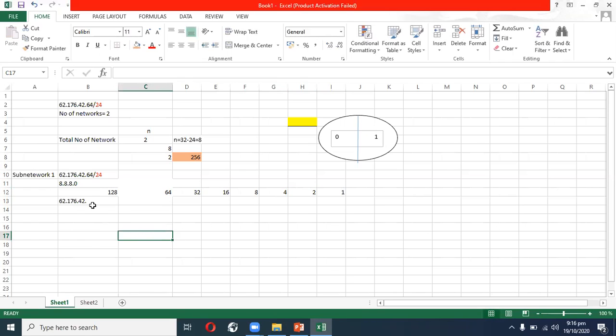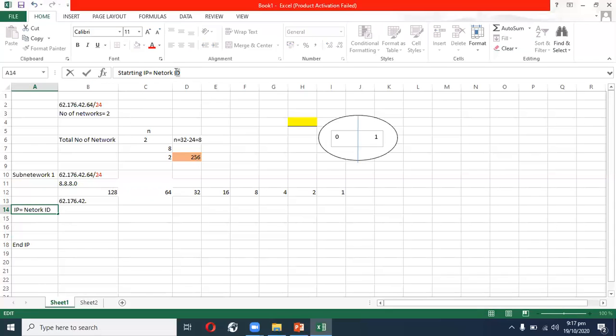Now, when we divide a network into subnetworks, this means we have a starting IP and an end IP. The starting IP is also known as the network ID.